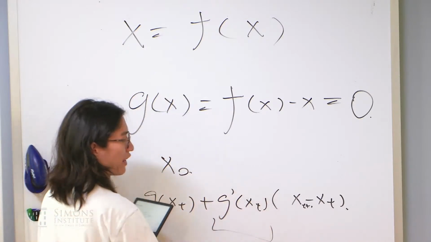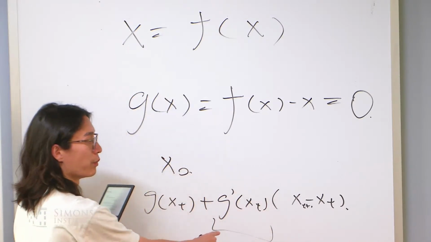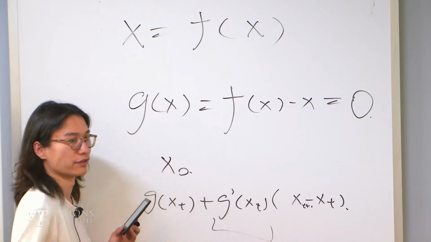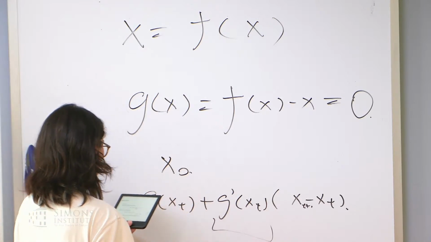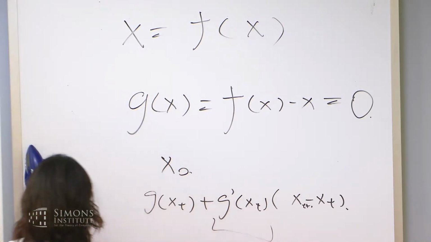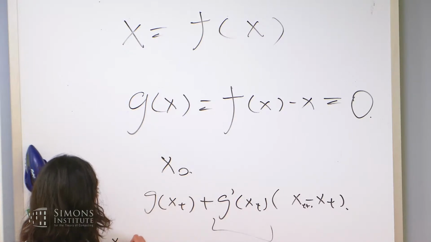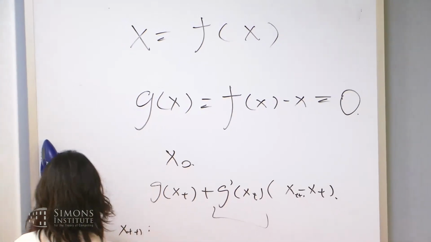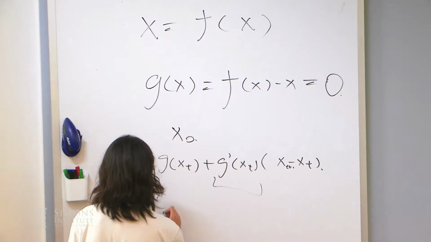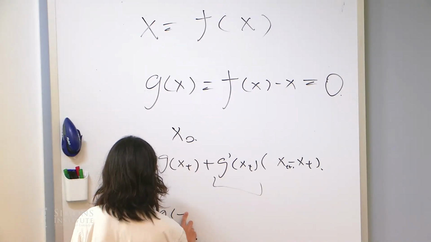Once again, g is a vector function, so g prime is basically the Jacobian of the g function. Then we set x_{t+1} to be the solution of this thing.